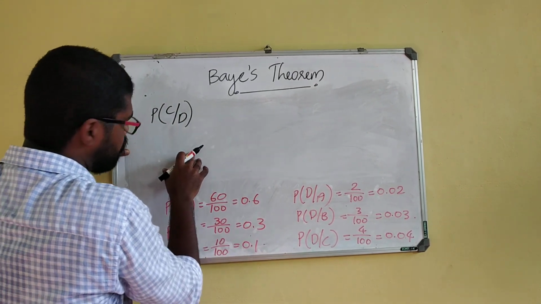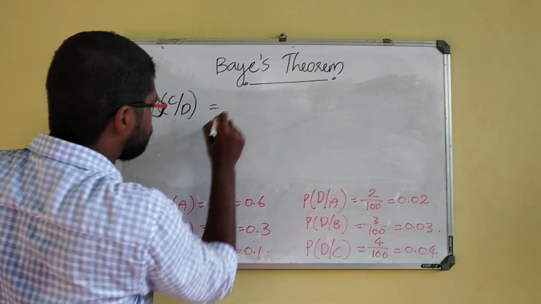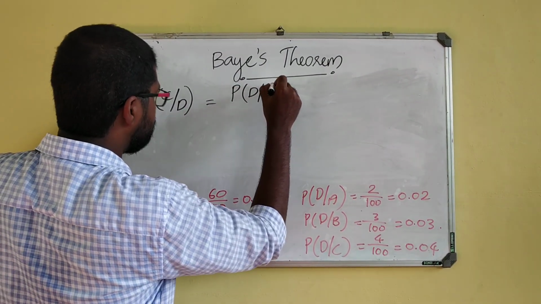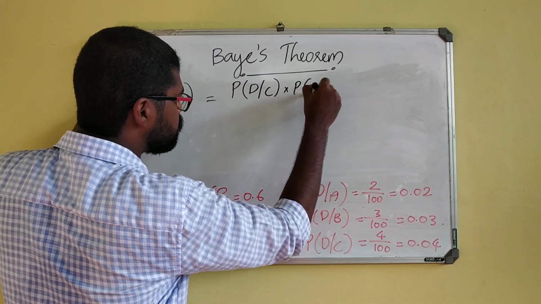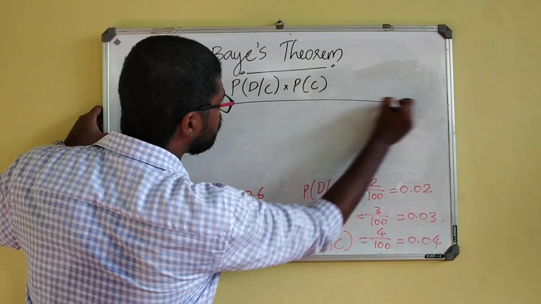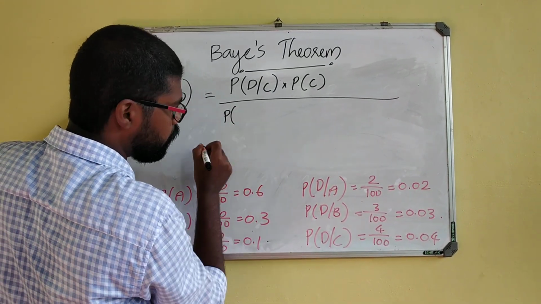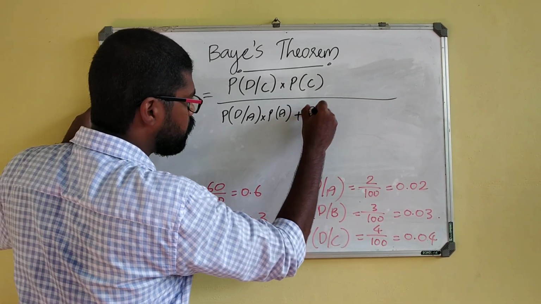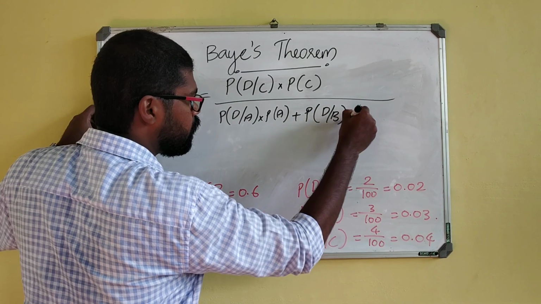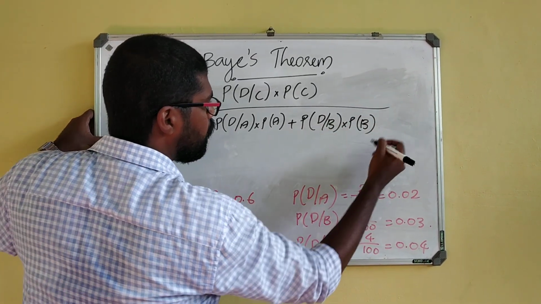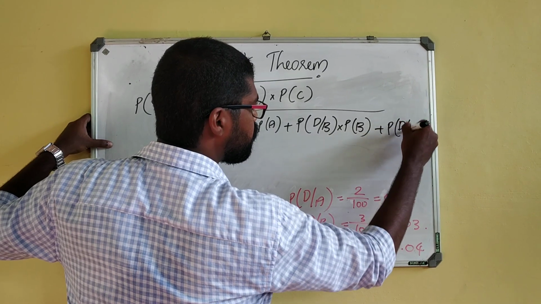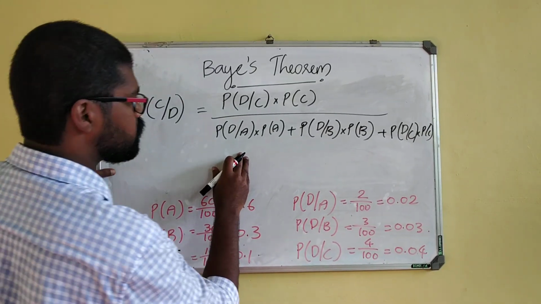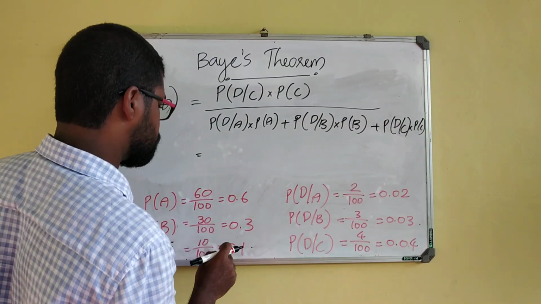And you will be getting a clear picture. So we have to rewrite the equation. That is, probability of defective product given machine C into probability of choosing machine C, all divided by probability of defective products from machine A into probability of A, plus probability of defective products given machine B into probability of machine B, plus probability of defective products given machine C into probability of C. Okay, and let us apply all these values here.